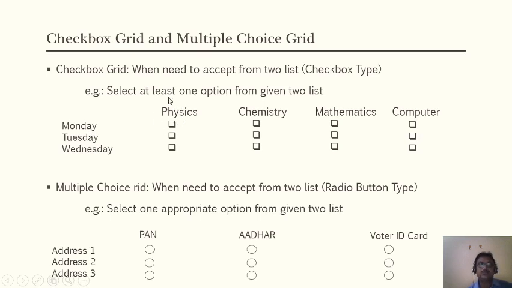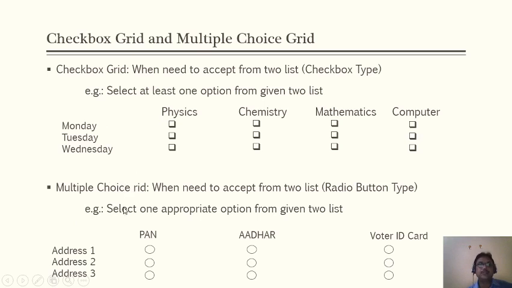Here the user may select physics as well as chemistry, or mathematics, or computers, or any one answer, or multiple subjects we may discuss. If we need to take this kind of information from the user, we may use the checkbox grid.